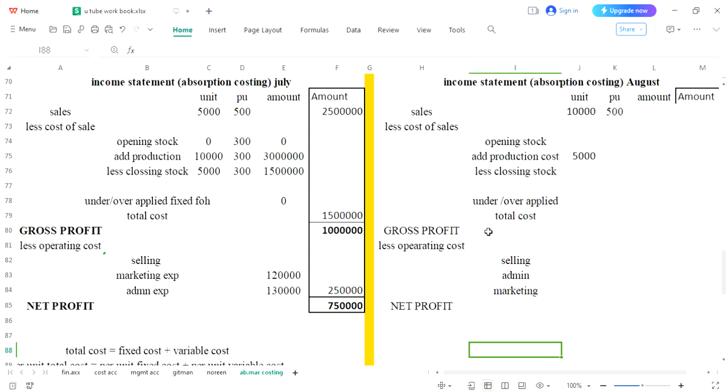And how do you calculate per unit total cost? Total per unit cost would be per unit fixed cost, and then you will add per unit variable cost.